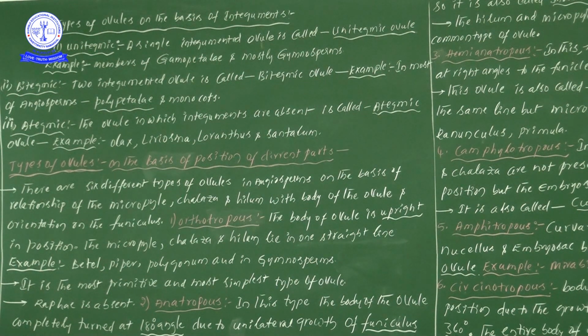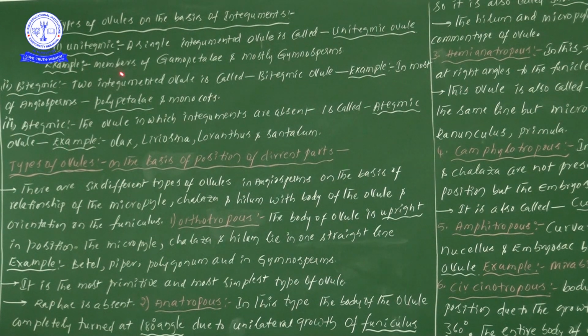Likewise here also, based on how many integuments are there, there are different types of ovules. Unitegmic means a single integumented ovule, meaning only one integument is present. That kind of ovule we take as unitegmic ovule.